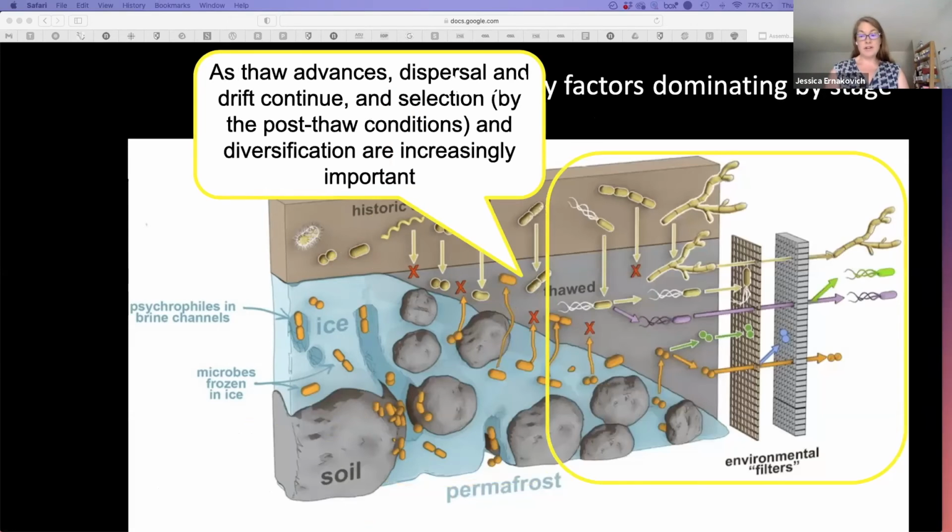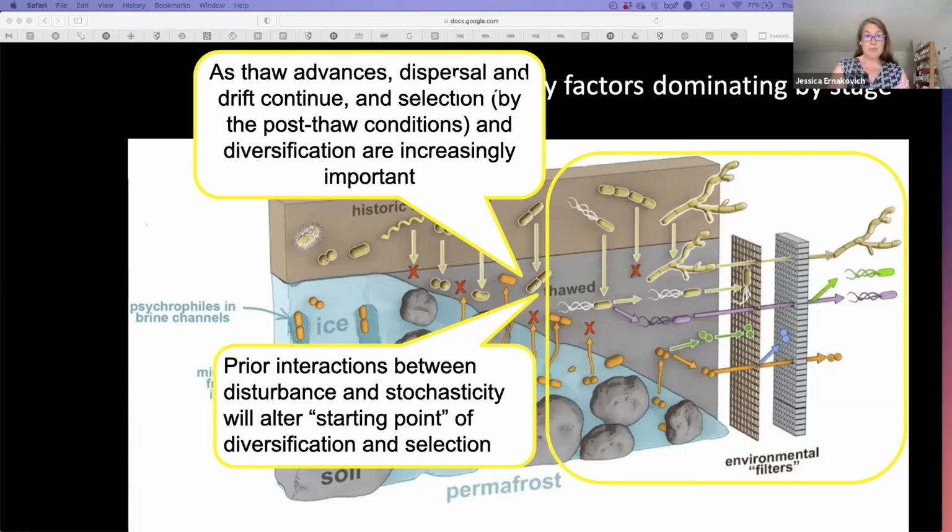And then in this final thaw stage, as thaw advances, I don't know the length of time necessarily, but dispersal and drift will of course continue. They're always part of community assembly, but selection will start to become more important, and also diversification. The microbes need to make it through their environmental, biotic, and abiotic filters.